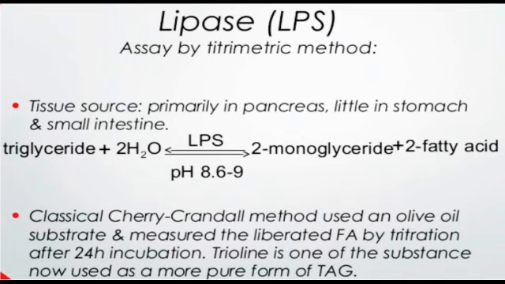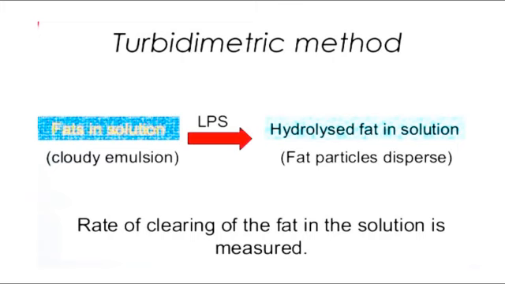This is called the classical Cherry-Crandall method, where olive oil is used as a substrate and the liberated free fatty acids are measured by titration after 24 hours incubation. Triolein is used nowadays as a more pure form of triacylglycerol instead of olive oil.